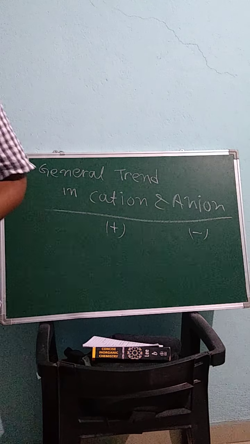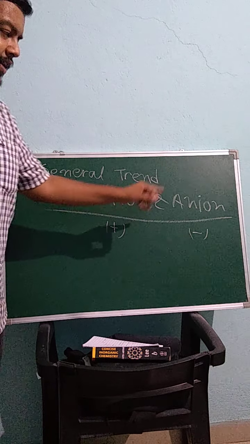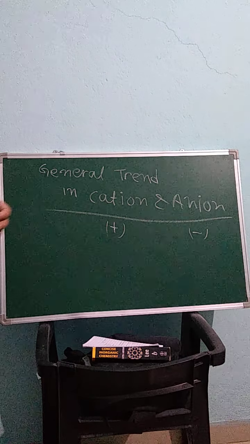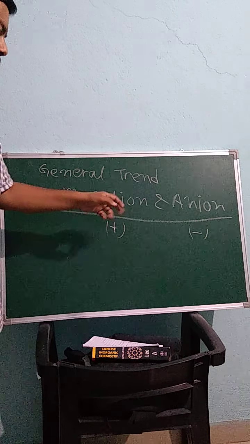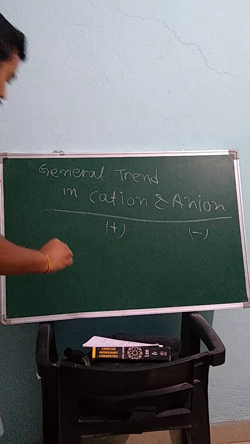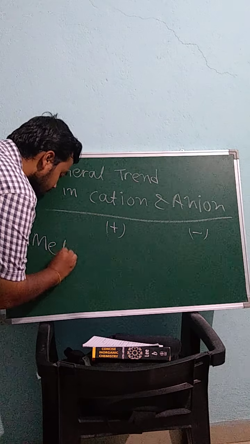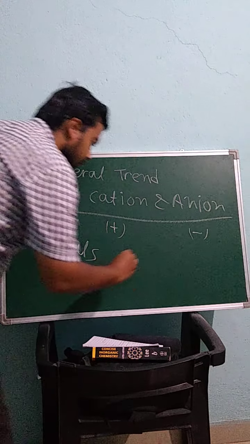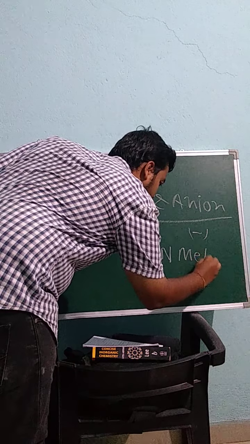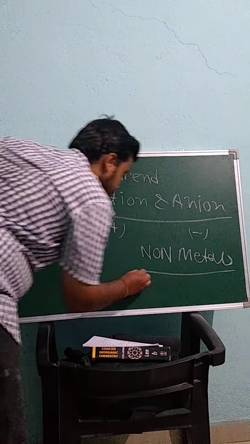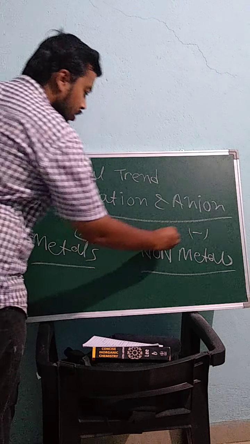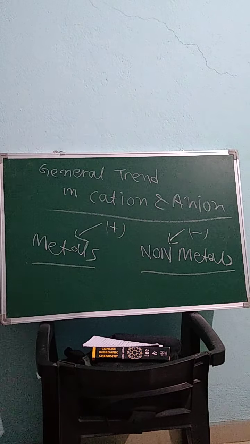So when I say in terms of cation and anion, we are talking about some general trends or general observations based on cation and anion. The most common one is that metals and non-metals: metals always form cation and non-metals always form anion.